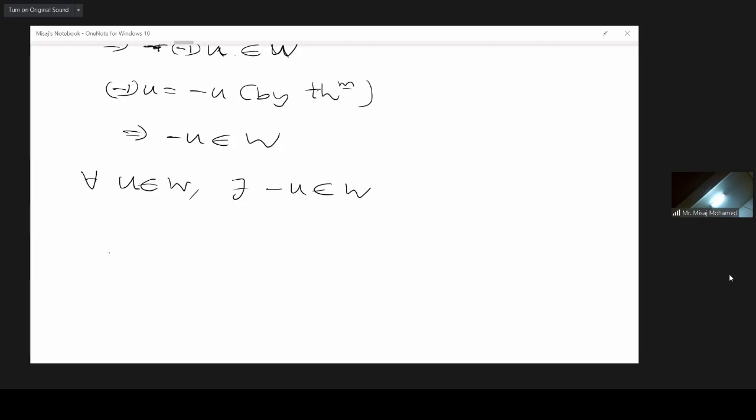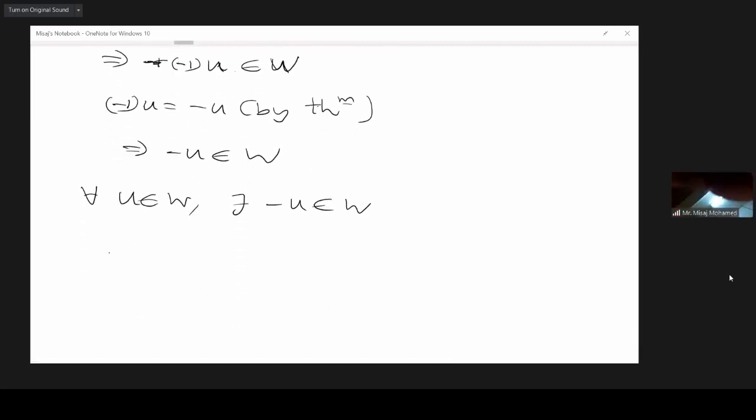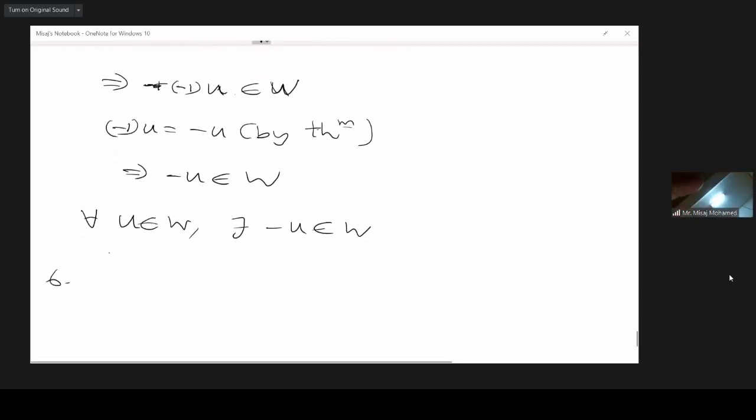So all additive properties are satisfied. 5 properties satisfied. So how many properties are to be satisfied next? Scalar multiplication. What is the 6th property?